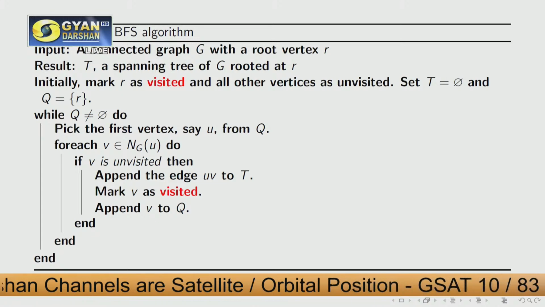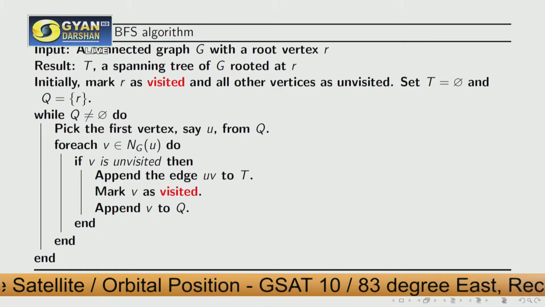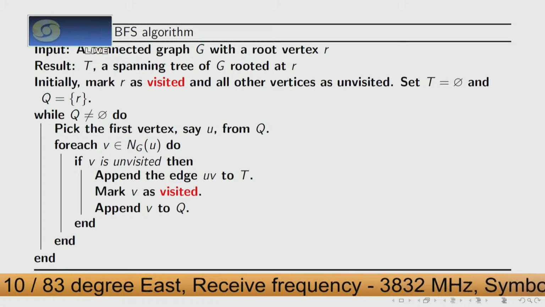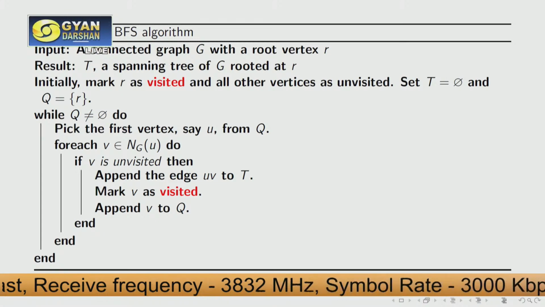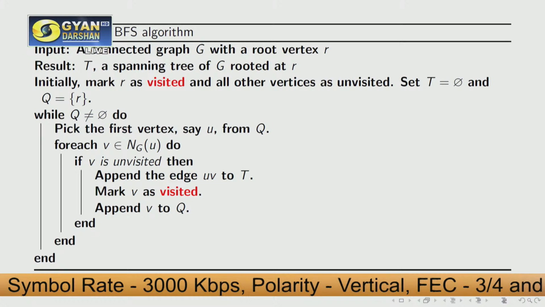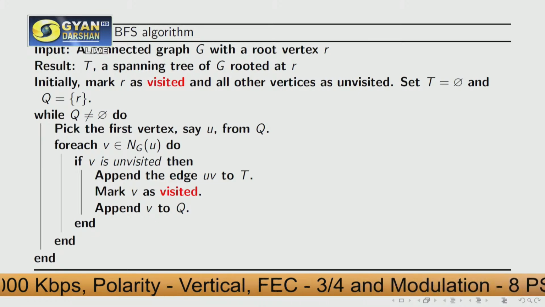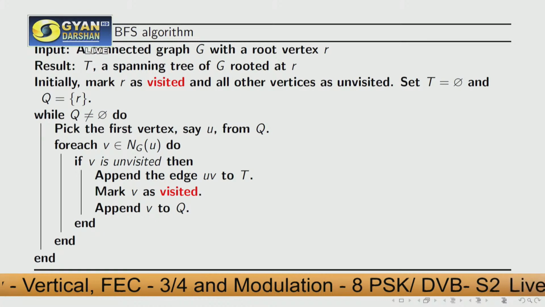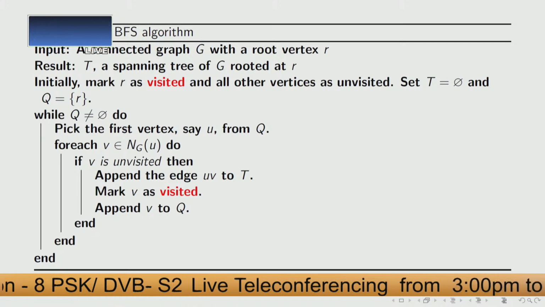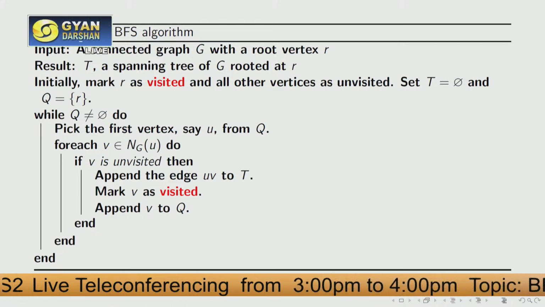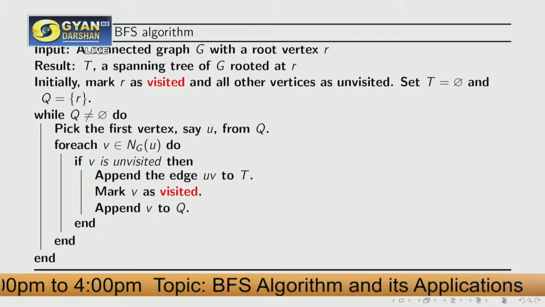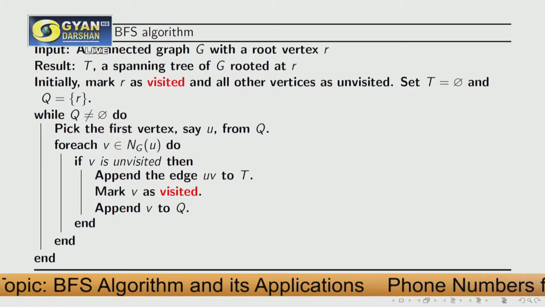We always remove the first vertex, and then from that vertex we start exploring the vertices that are adjacent to u. While exploring, we check if the current neighbor is visited, then we can do some steps. Here we have excluded such steps, but if it is unvisited, then we mark that neighbor visited and append it to the queue.